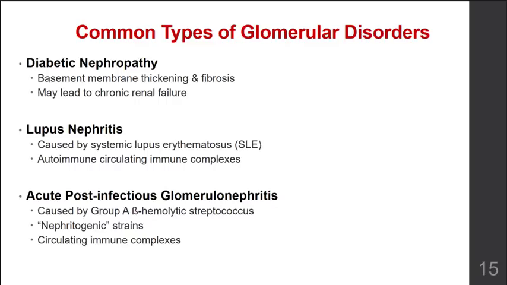Lupus, or systemic lupus erythematosus, or SLE, is an autoimmune disease in which antibodies against nucleic acids are formed. The antibodies will generate these circulating immune complexes that deposit themselves into, for example, the kidney, not just specifically the kidney, but other areas as well.